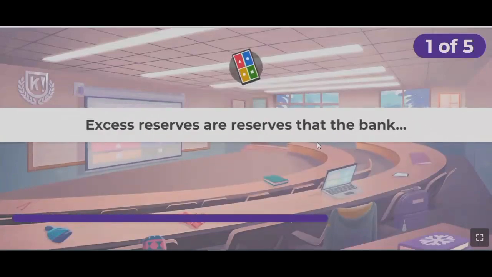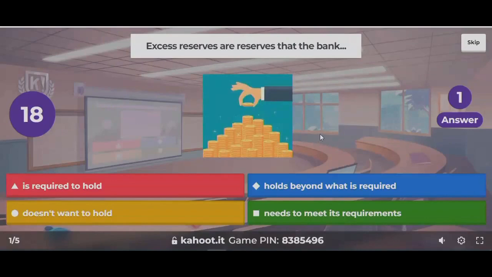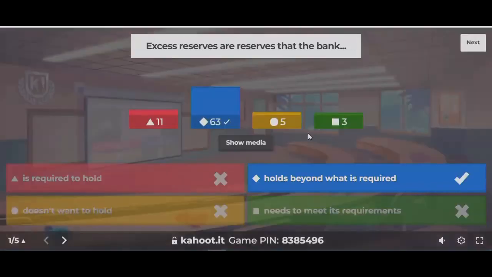Excess reserves are reserves that the bank what? Is required to hold, doesn't want to hold, holds beyond what is required, or needs to meet its requirements. Of course, the answer is holds beyond what is required.